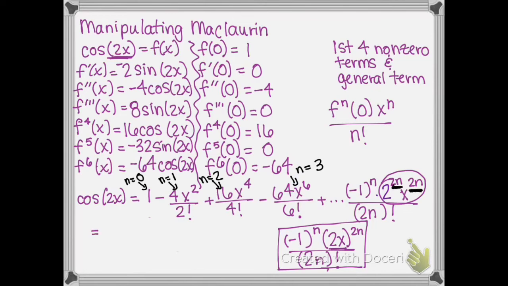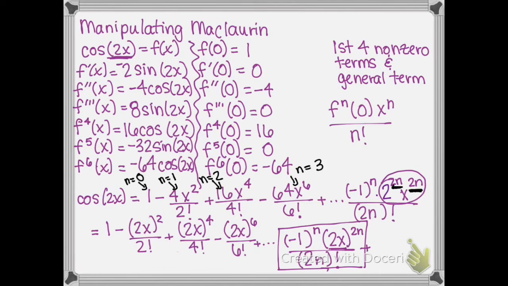Would this series for cosine 2x be the same as 1 minus 2x squared over 2 factorial plus 2x to the 4th over 4 factorial minus 2x to the 6th over 6 factorial? Yes, it would. So our Maclaurin series for cosine of 2x is the same as the Maclaurin series for cosine x, except we're just changing our input from x to 2x.